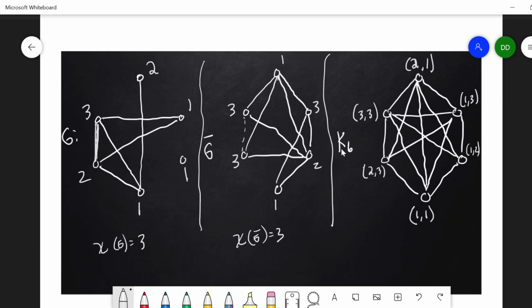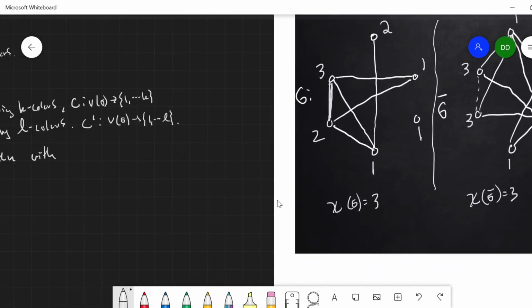And the idea here, why this always produces a proper coloring of Kn, is because either the 2 vertices are adjacent here in G, in which case the first coordinates of the pairs will be different, or they're adjacent in G complement, in which case the second coordinate of the pair would be different. And in any case, either G or G complement, the ordered pairs have to differ in at least 1 coordinate, and so the ordered pairs are different. And so we'll have a proper coloring of Kn in general.